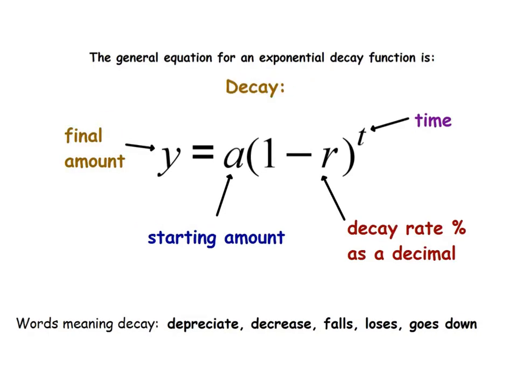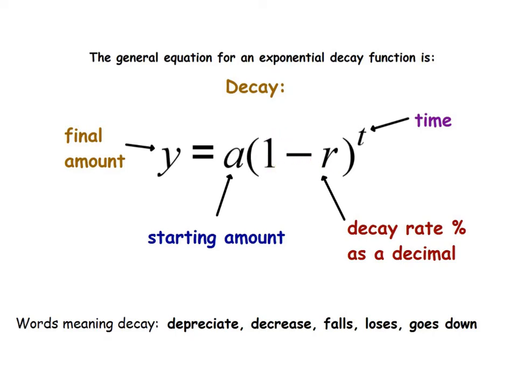For exponential decay, our formula just changes a little bit, and here we have 1 minus the decay rate as a decimal. If you think about that, this 1 stands for 100%, and we're subtracting off the decay rate.